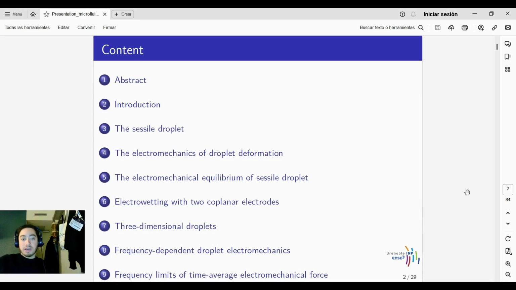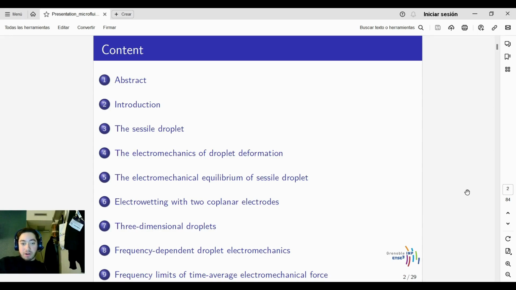Then he discusses the electromechanics of the deformation of a liquid droplet, and the electromechanical equilibrium. Then he defines how this electromechanical equilibrium, or electrowetting, behaves in cases where the liquid droplet is located in between two electrodes or dielectrics.